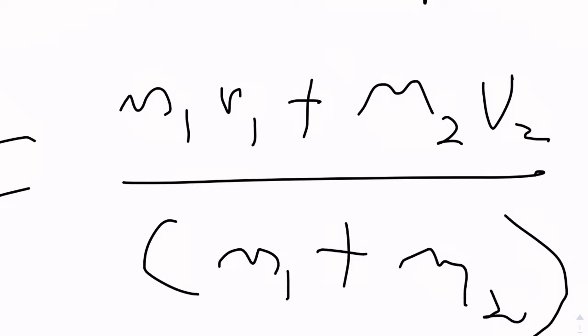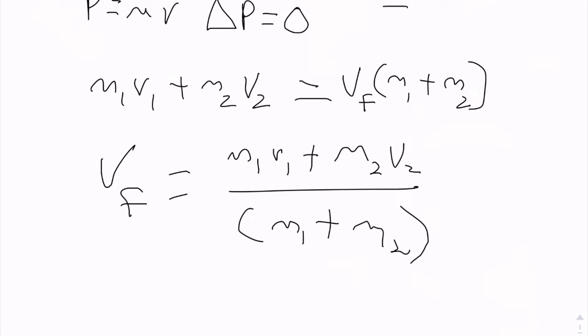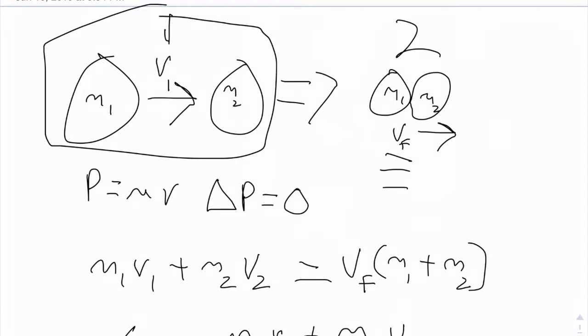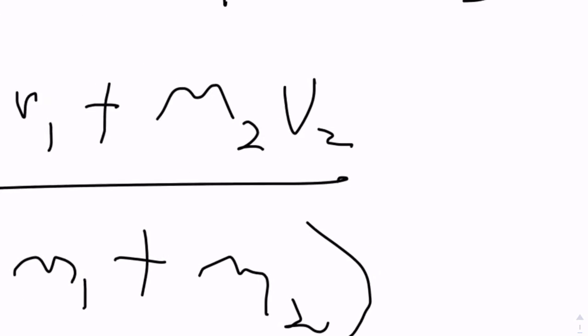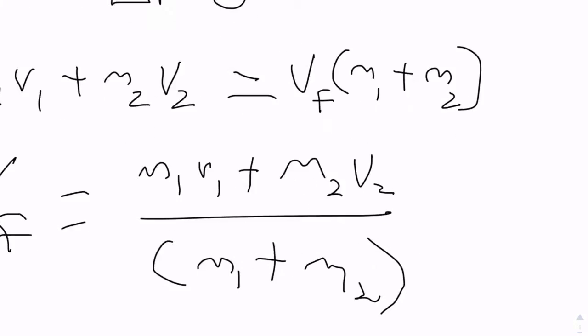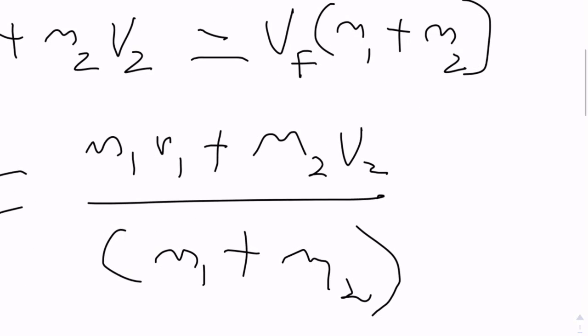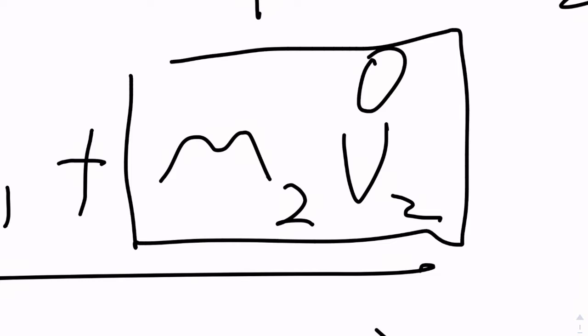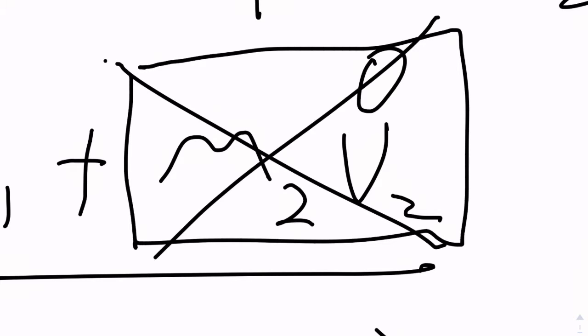So this should look like a final equation, correct? Almost. We know that puck 2 is stationary, which means it's staying in place at phase 1. So we know that the velocity of puck 2 is 0. If the velocity is 0, then the mass of puck 2 does not matter.